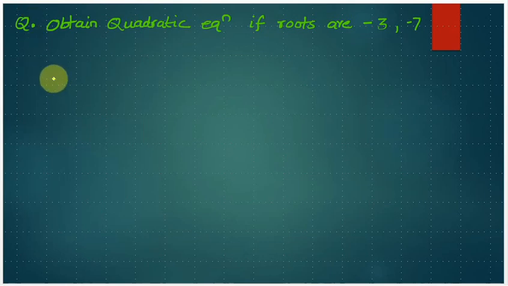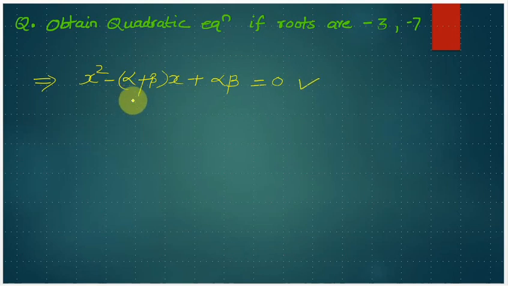Let's take two roots alpha and beta, then the quadratic equation becomes x square minus (alpha plus beta) x plus alpha beta is equal to 0. This is the standard form of the quadratic equation, and this equation is used when alpha and beta, the two roots of the quadratic equation, are given.